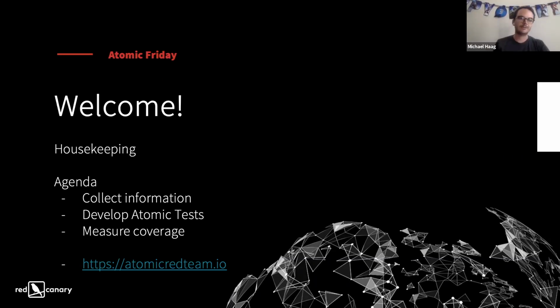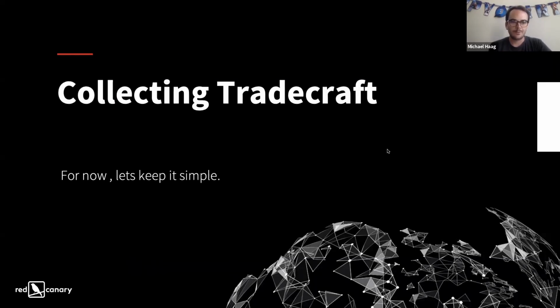Cool, man. Thanks. So yeah, we're just going to hop into the first piece here, which is collecting tradecraft. Every time we look to work on a new chain reaction or try to learn more about a group, we have a pretty simple set of questions that we always ask, and we try to have an amount of behaviors we want to look for.